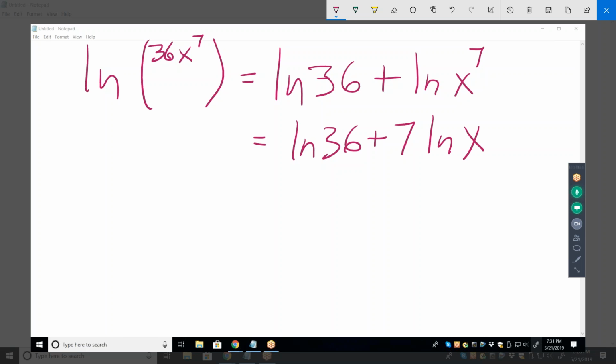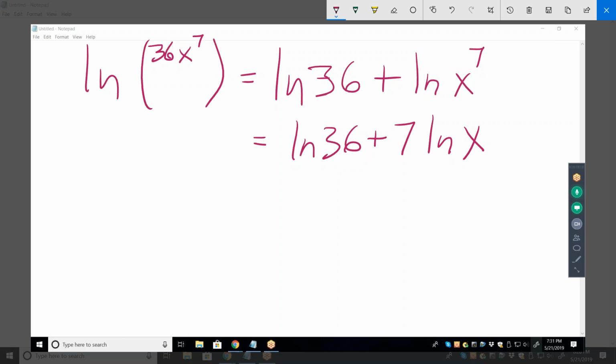The reason you do it last is because it can get confusing if I do it first. It's going to presume that the 36 is taken to the 7th power also, and it isn't. It's only the x that's being taken to the 7th power, unless the whole thing was in parentheses.